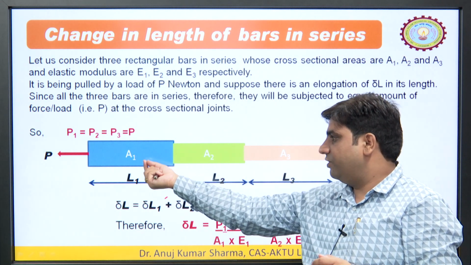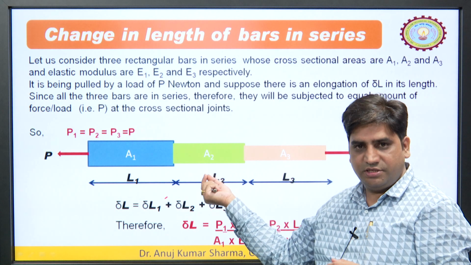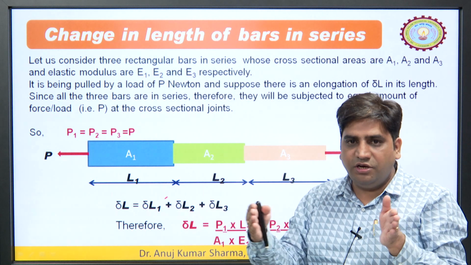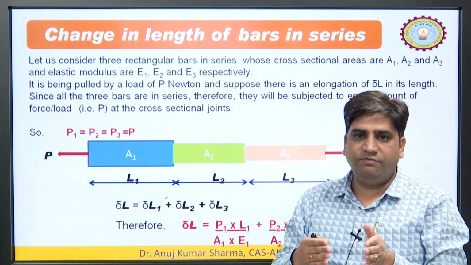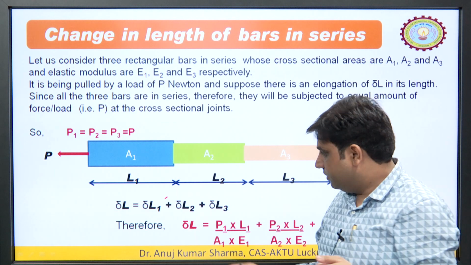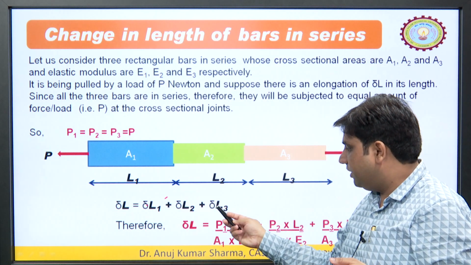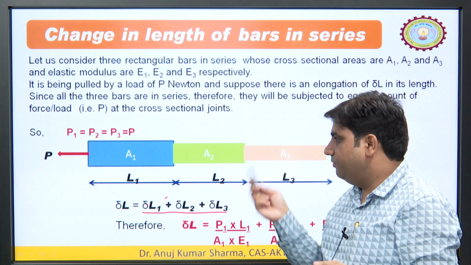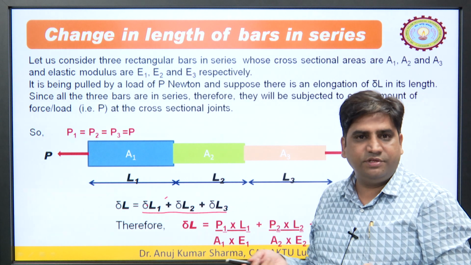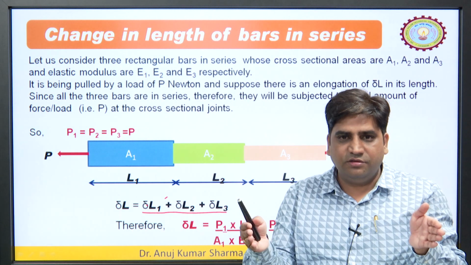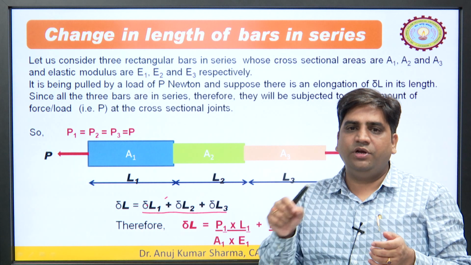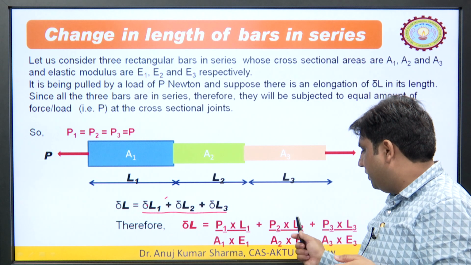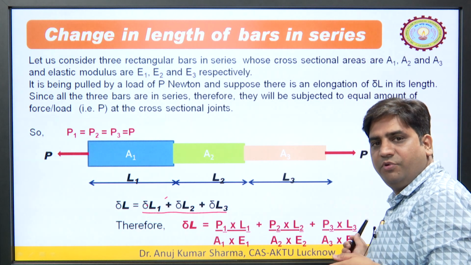So, delta L1 is the elongation in this, delta L2 is the elongation in this, and delta L3 is the elongation in this. If we combine all these three elongations together, we get the total elongation delta L. So delta L1 plus delta L2 plus delta L3 is equal to delta L. In previous questions we have already derived the formula: delta L in a single rod is P L upon A E. So here we can say P1 L1 upon A1 E1 plus P2 L2 upon A2 E2 plus P3 L3 upon A3 E3.